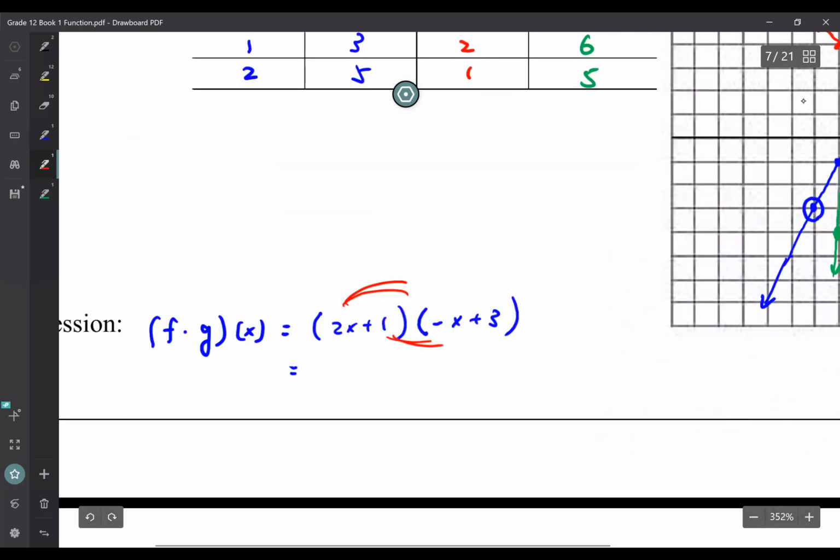I'll ask one of you to give me your answers. When you get it, please raise your hand. Remember to combine all the like terms.